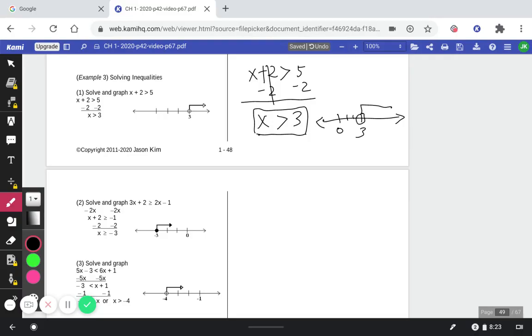Bigger means going to the right side. Okay. And sometimes you have an open circle, and then you just darken it with the arrow on it. Sometimes you write on the line. I like to put it high up so it doesn't get confused with this number line. So I always do it this way, then this way.